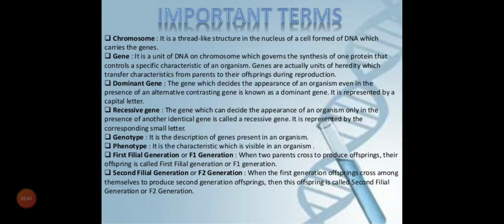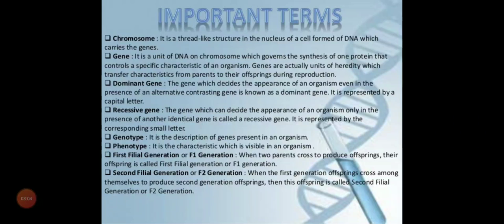Next is the first filial generation or F1 generation. Yesterday we studied that we crossed two pea plants, pure tall and pure dwarf. Dwarf means chota ya bona, right? So in the cross between pure tall and pure dwarf, we got Tt, that is capital T small t.